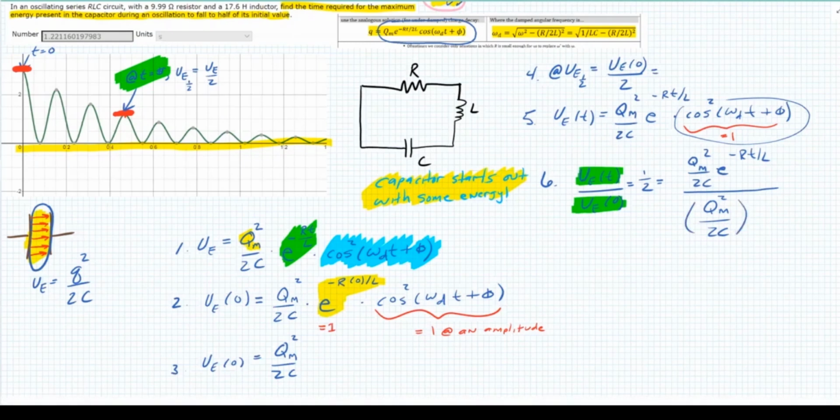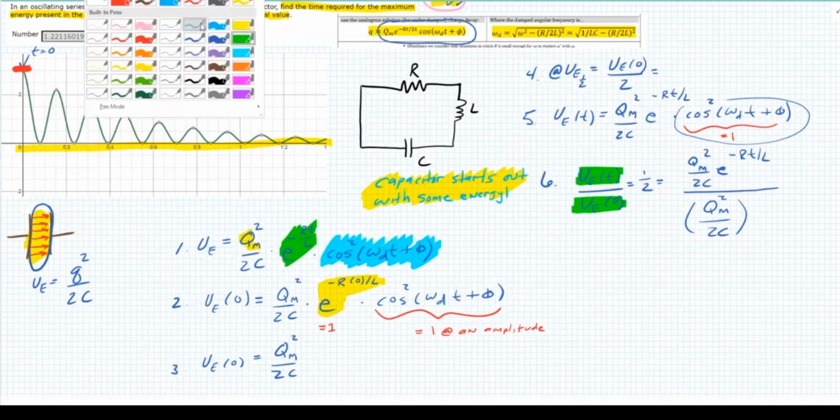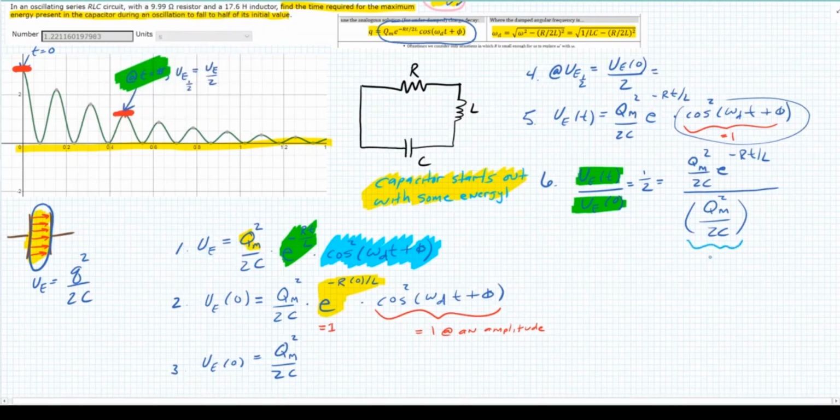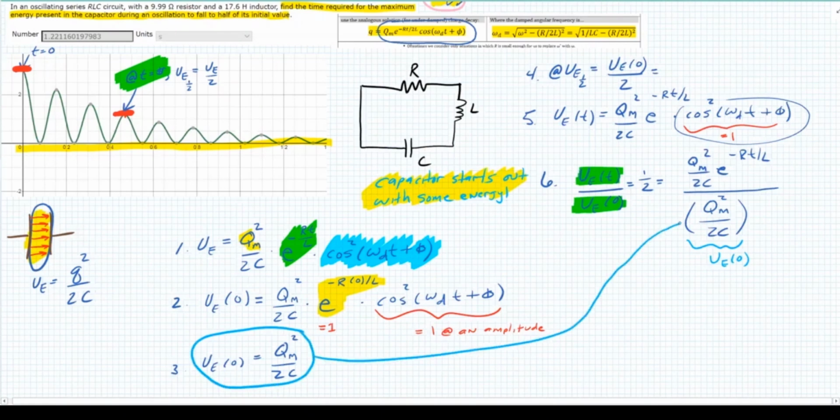This is what I started off with, my electrostatic potential energy at time equals 0, which I figured out in step 3. So I'm just plugging in that result into my denominator. This is what's going on at some time later, and that came from above, because this whole term equals 1.